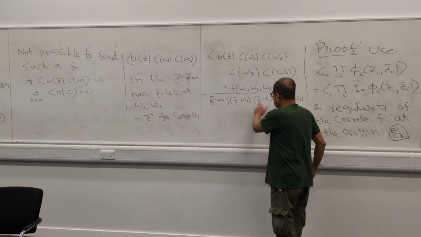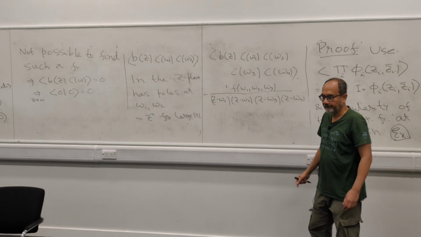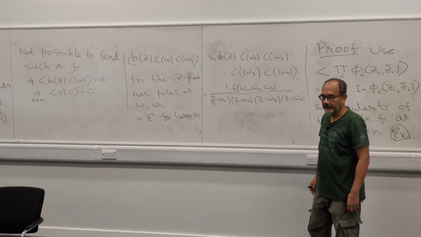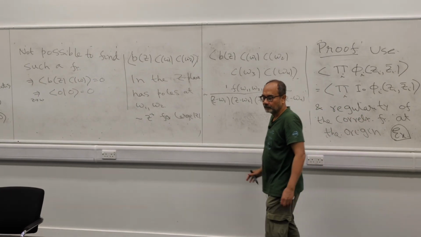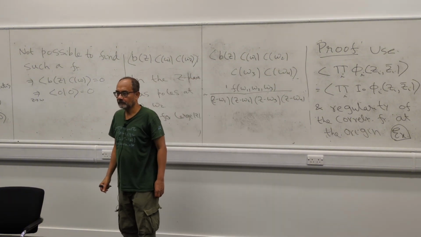This indeed has poles at 4 points, and it falls off as 1 over z to the 4. So this can be non-zero, and indeed this is non-zero.